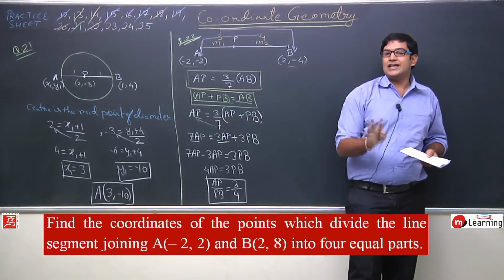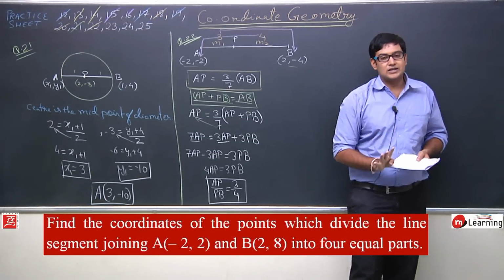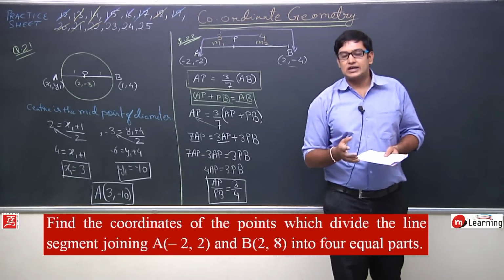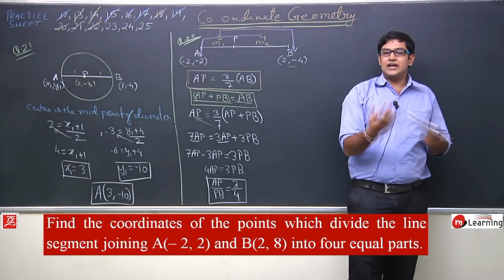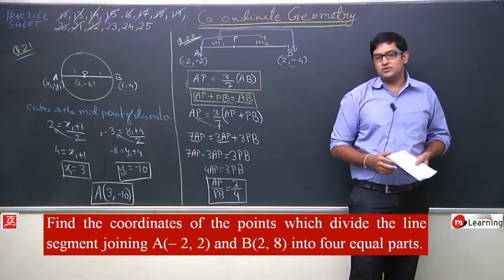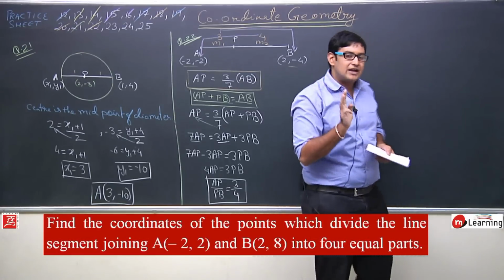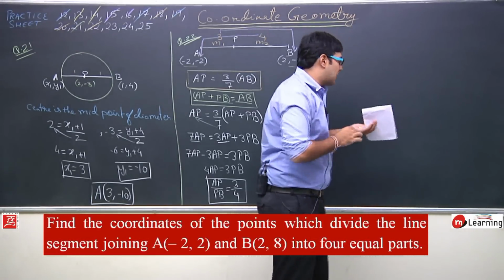So if I want to divide a line segment into 4 equal parts, then how many points do I require? I need at least 3 points. Okay, I need 3 points to divide a line into 4 equal parts.